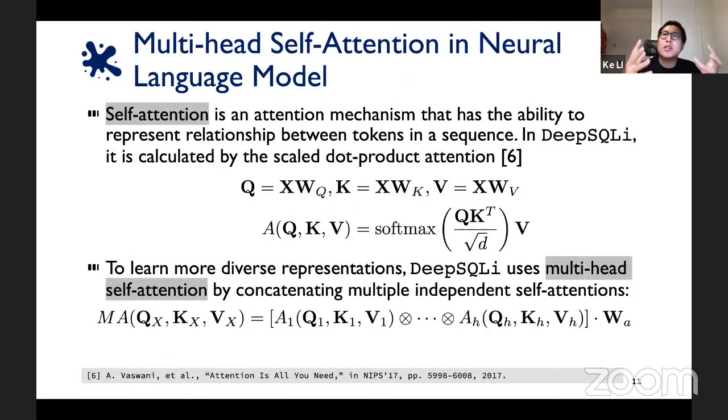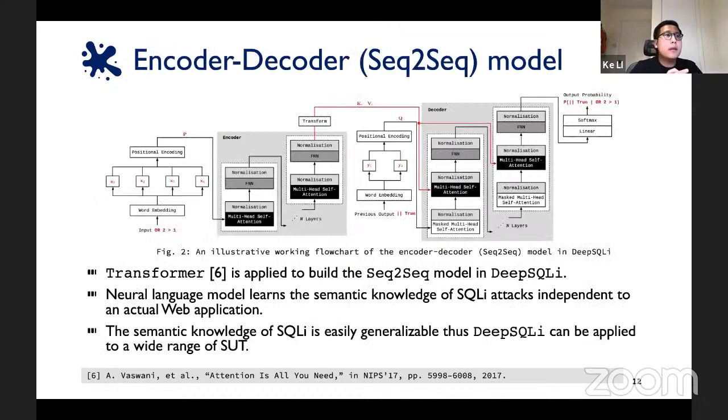In DeepSQLi, we use a particular structure called the multi-head self-attention in the neural language model, because it can learn more diverse representations by concatenating multiple independent self-attentions. And this is the working flow of our encoder and decoder model, which is a sequence-to-sequence model in DeepSQLi.